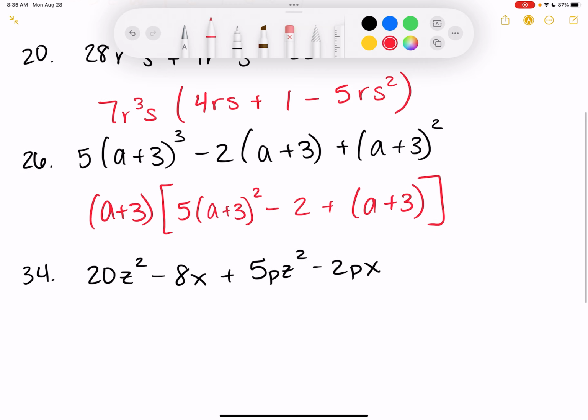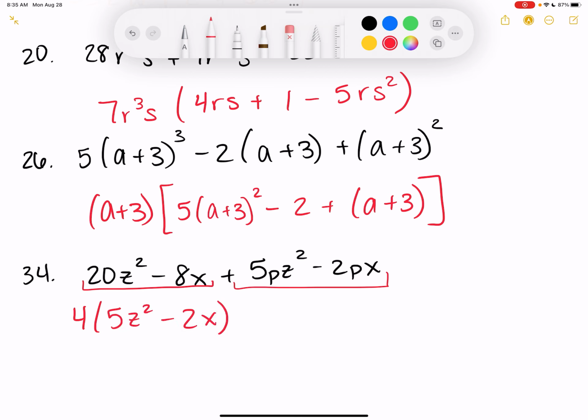So factor by grouping, we group each section of them. So out of the first two, what's the biggest thing that can come out? 4. So that leaves me with 5z squared minus 2x. Focus this back in. It's getting a little blurry. A little better.